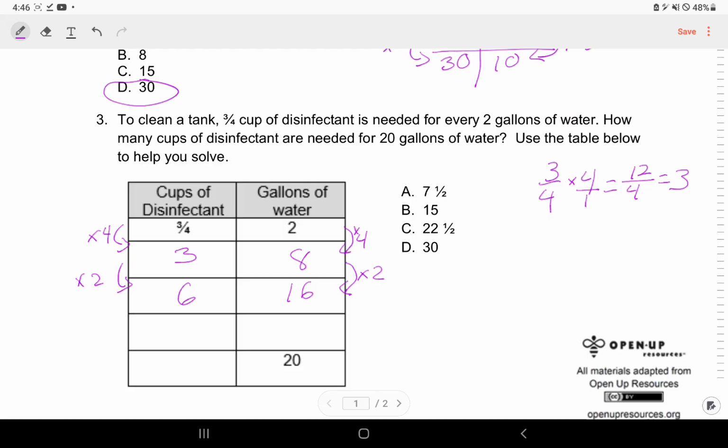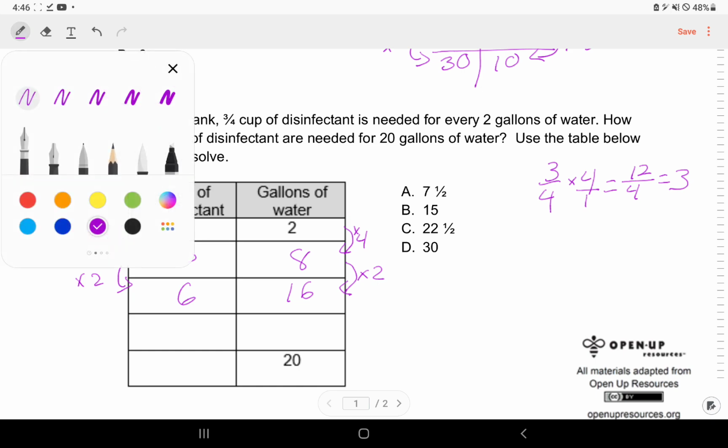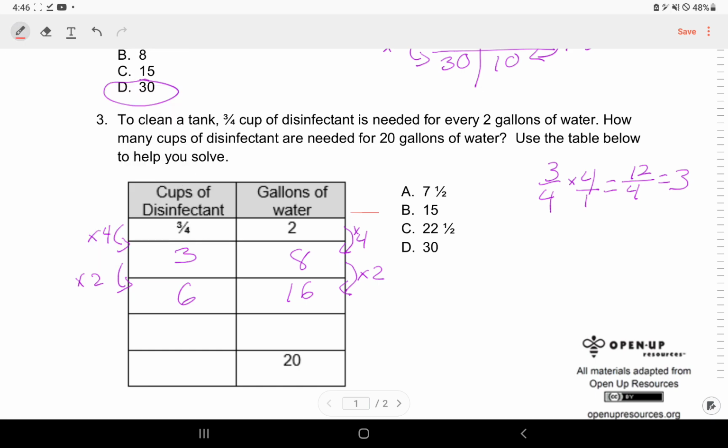So what we need now is 4 more. What I personally would do is multiply by 2, and so I would get my 4. And so times 2.